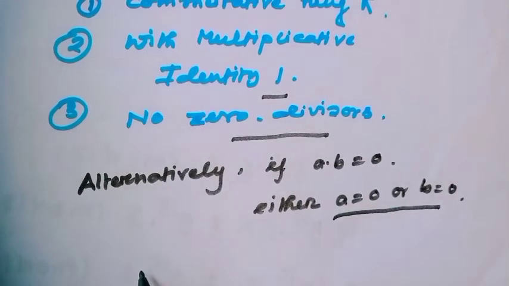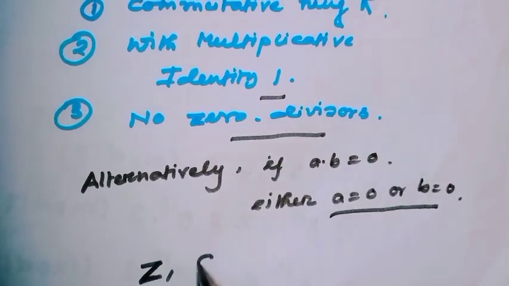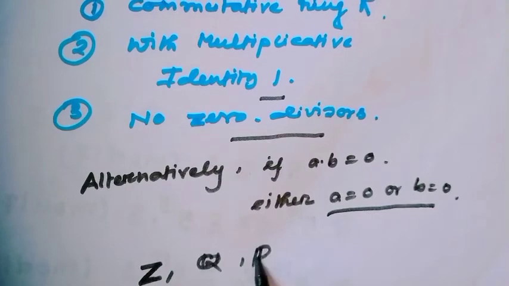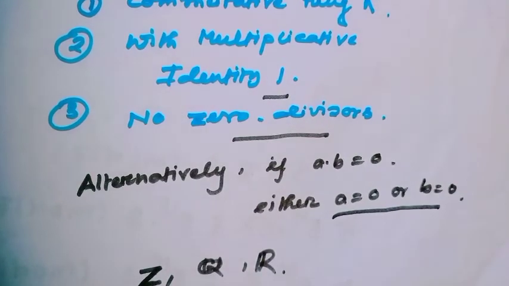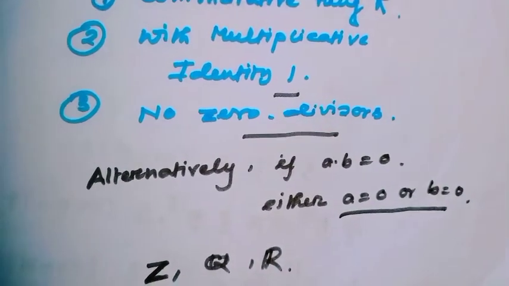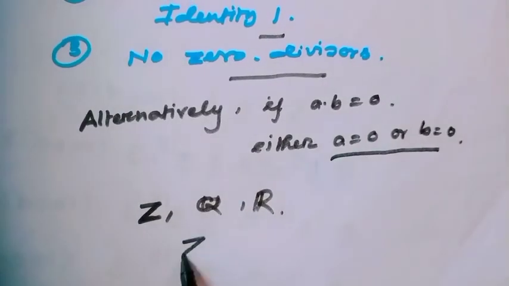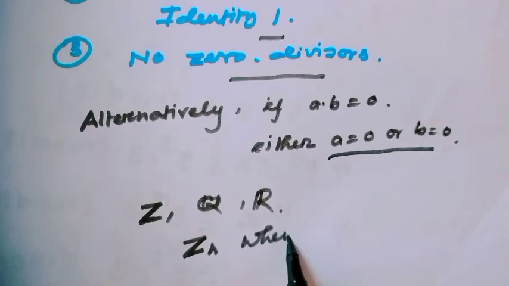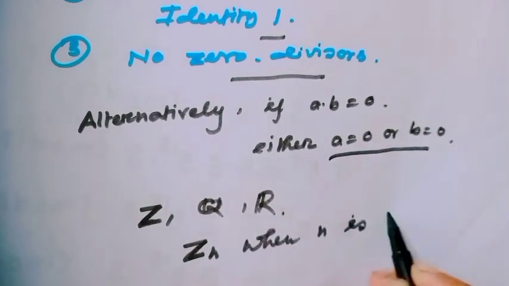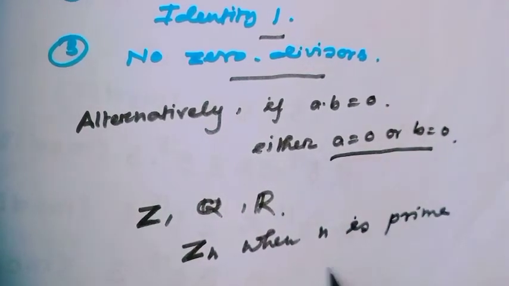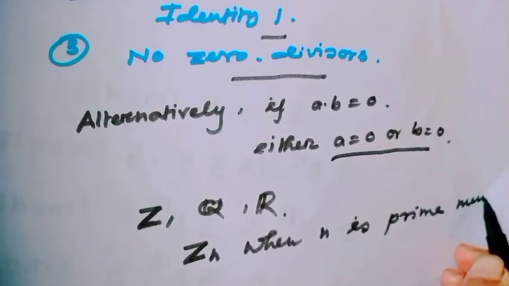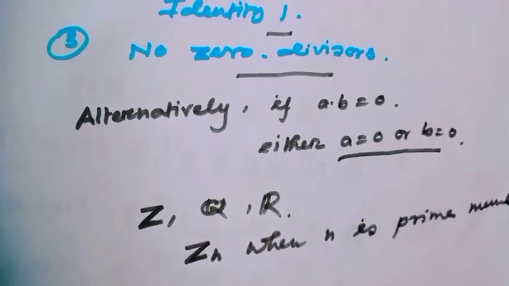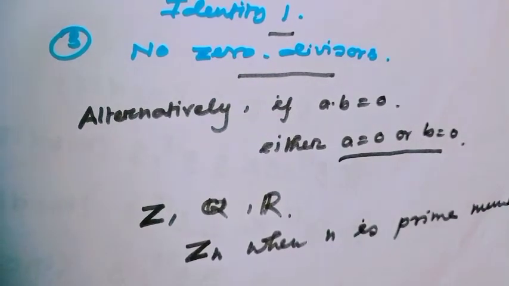For example, the integers, rational numbers, and real numbers are all integral domains, and Zn is an integral domain when n is a prime number, because when n is prime, Zn has no divisor of 0.